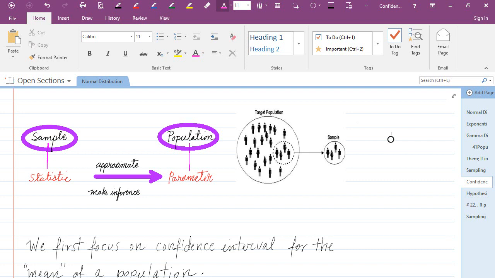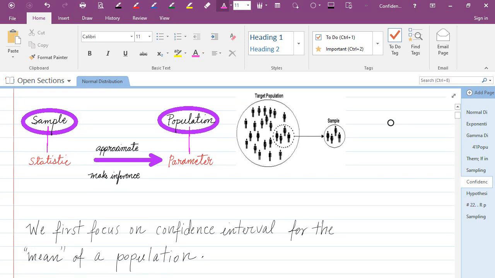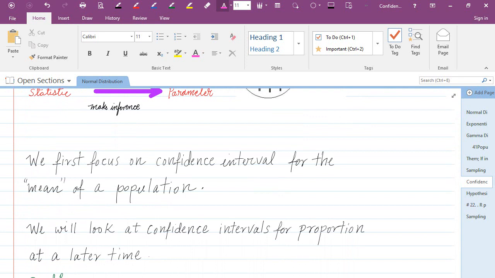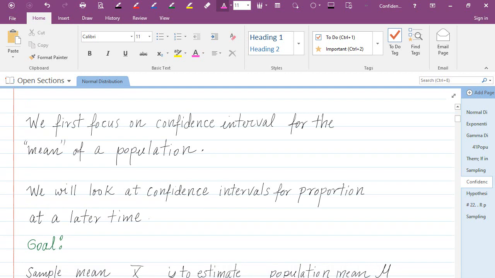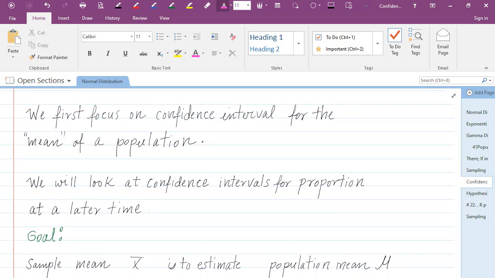The sample statistic is used as an approximation to the population parameter, and also to make inferences about the population parameter. We will first focus on confidence intervals for the mean of a population. We will look at confidence intervals for proportion or variance at a later time.